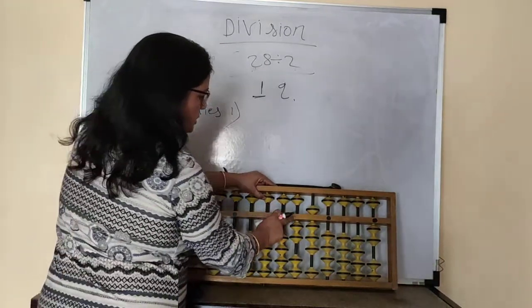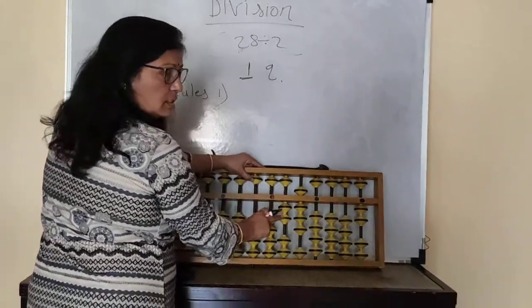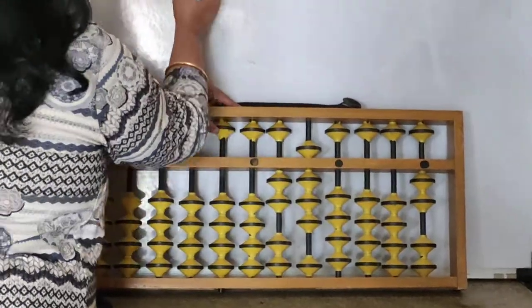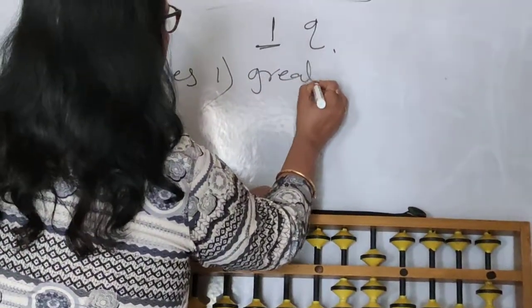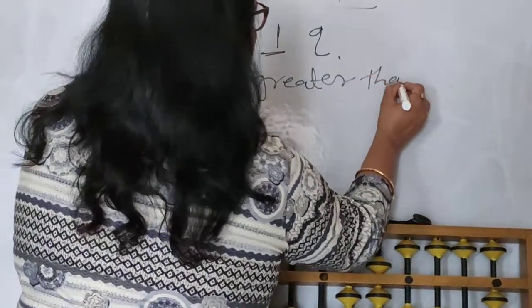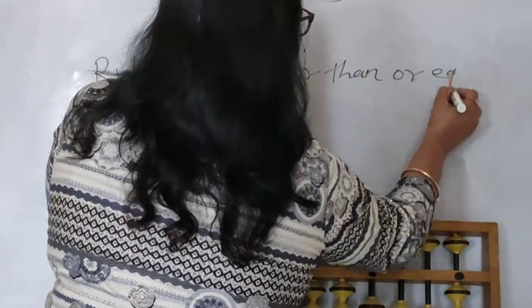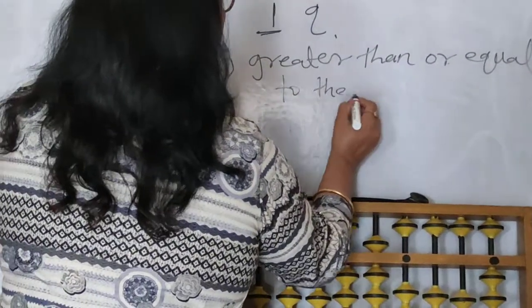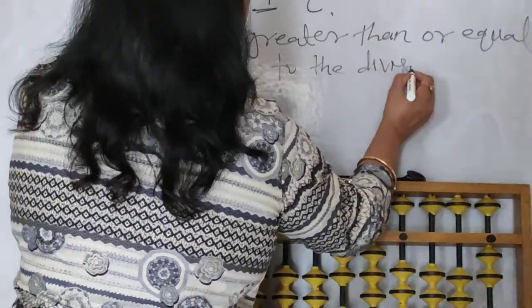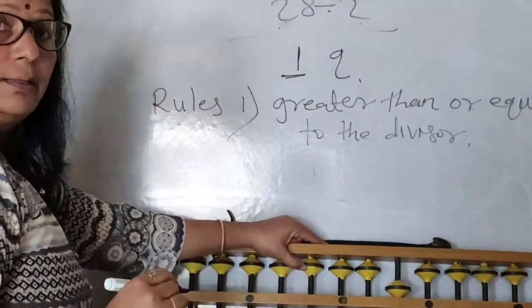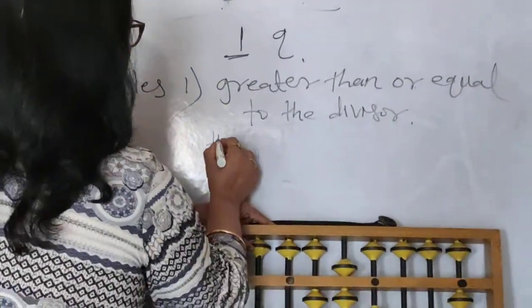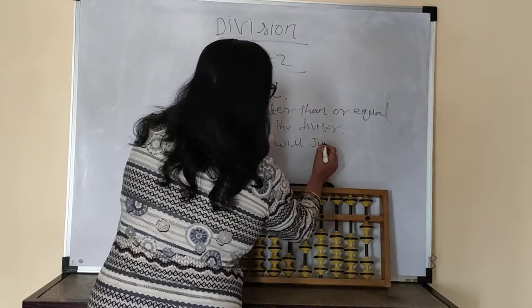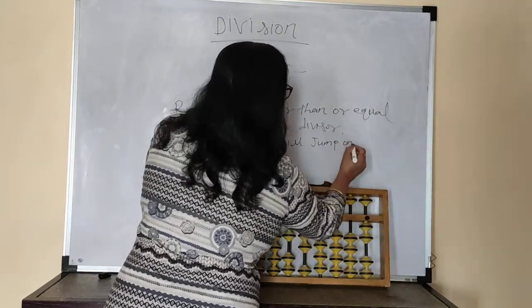Rule number 1. If the first digit of the dividend is greater than or equal to the divisor, the quotient will jump 1 rod ahead.